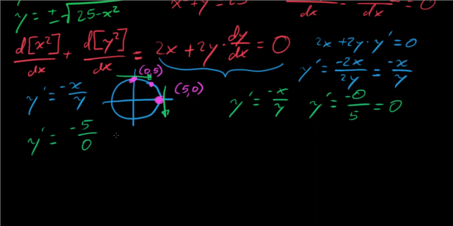Well, this is undefined. That can't happen. We can't divide by 0. Does that make sense, though? As it approaches a vertical asymptote, the slope approaches positive or negative infinity, depending on which direction we're approaching from. If I approach from this way, it goes down to negative infinity. Or if I approach from this direction, it goes up to positive infinity.